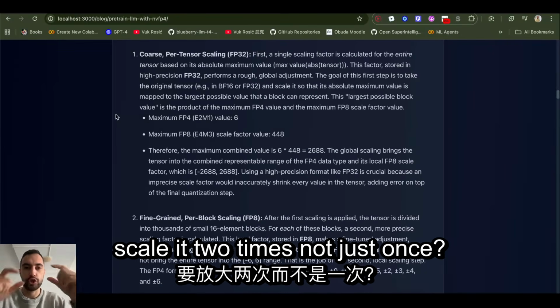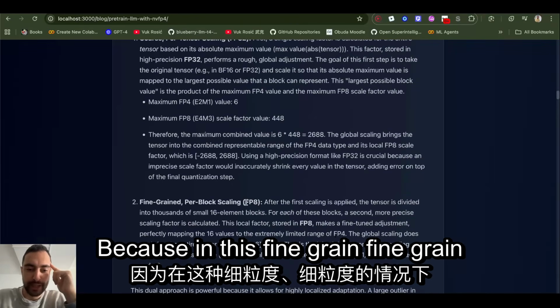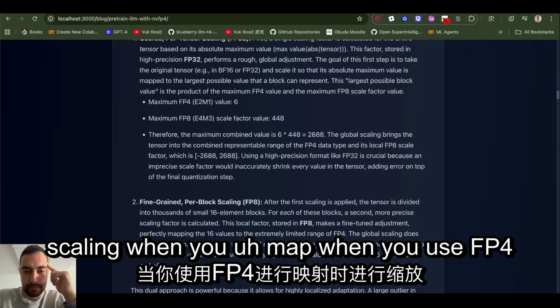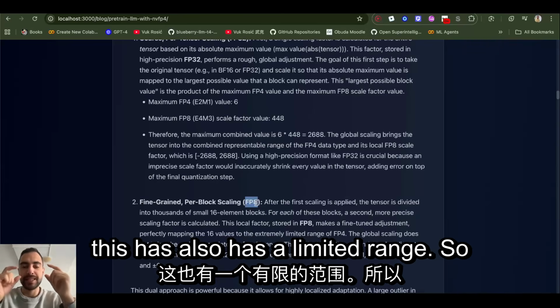So why do we need to scale 2 times, not just once? Because in this fine-grained scaling, when you use FP4 to store and FP8 for the scaling factor, this also has a limited range.